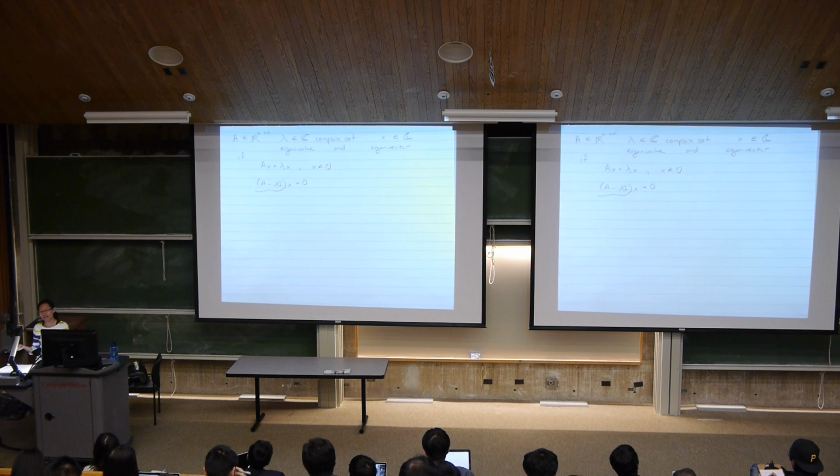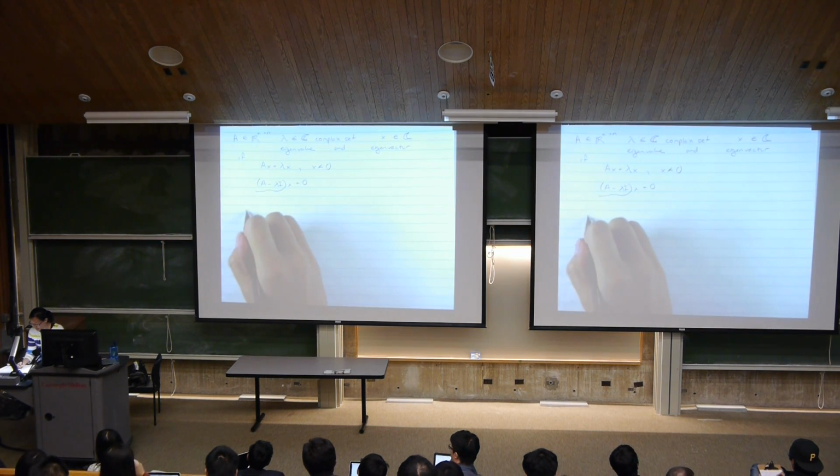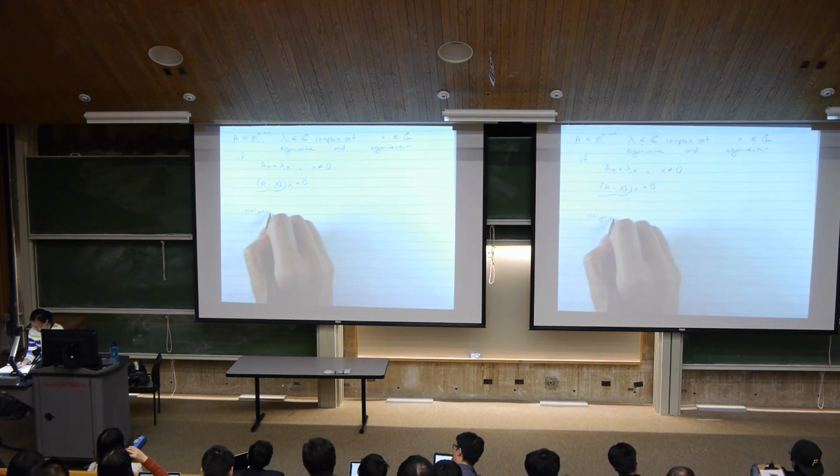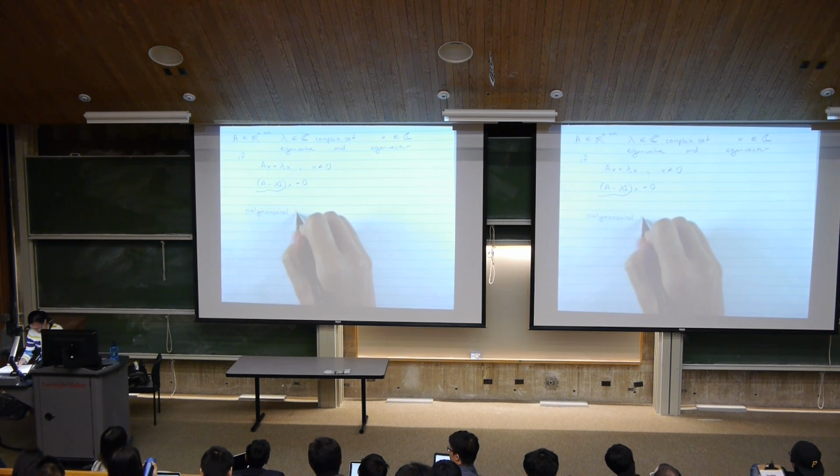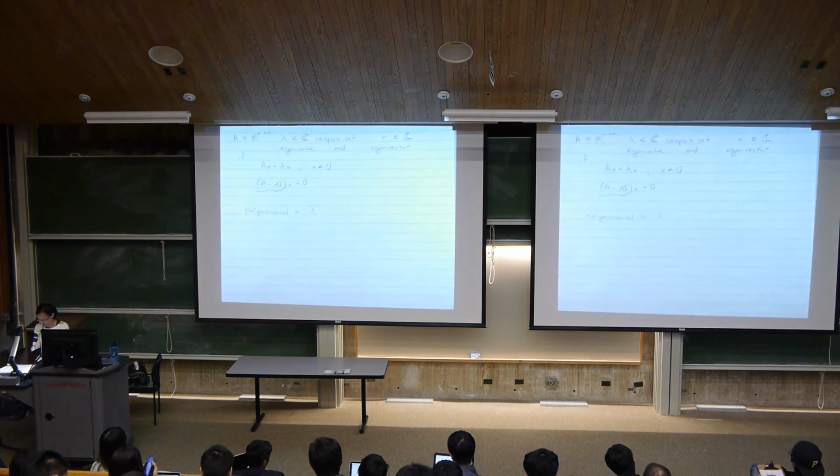So how would you find eigenvalues and eigenvectors? Theoretically, this is probably not the most numerically stable way to do it, but you can define the determinant, and the determinant will give you a polynomial in lambda.